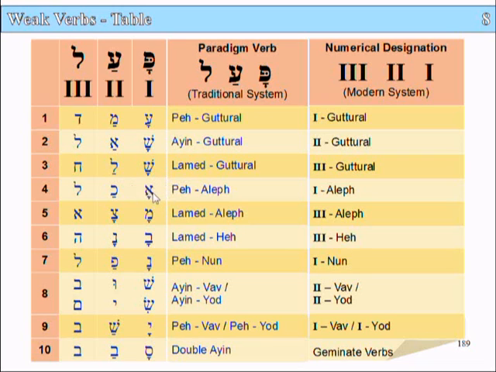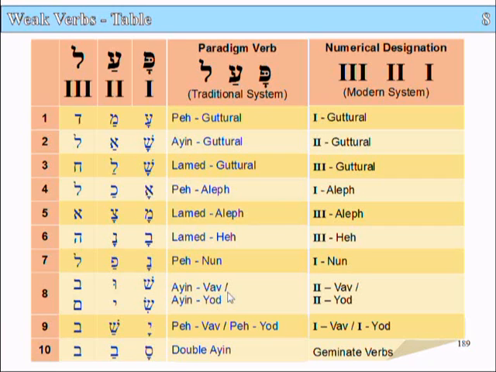Further down we have the word achal, and it has an aleph in the first position here, so it's called a pay aleph weak verb, and there's a chart associated with that, or a first aleph verb, and so on and so forth through this list.